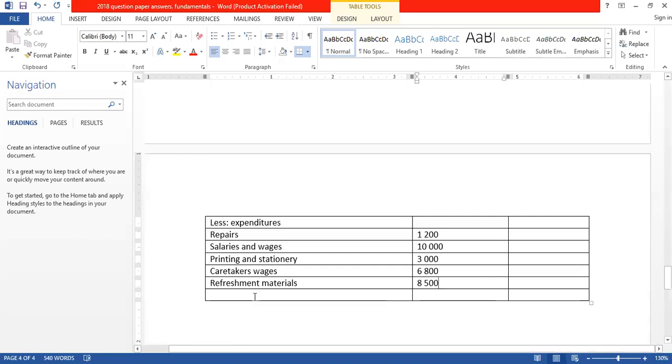And then we move on again. We also have electricity expenses that we paid for, and our electricity expenses were 4,000.